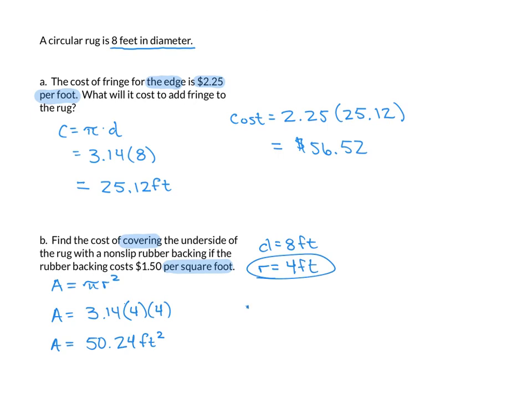And now to determine my cost, I want to multiply my 1.50 times my area, and we get $75.36.